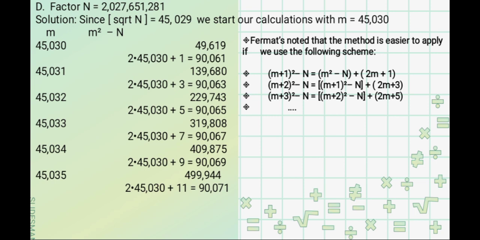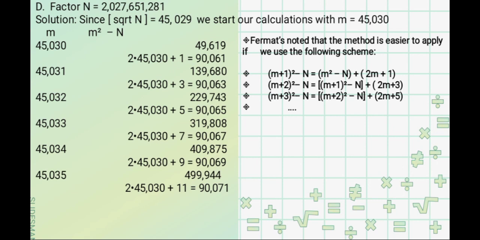Our first m is 45,030, so we put squared here: 45,030 squared minus our n, which is 2,027,651,281. If we calculate it, 49,619 comes out. That is why 49,619 is there.